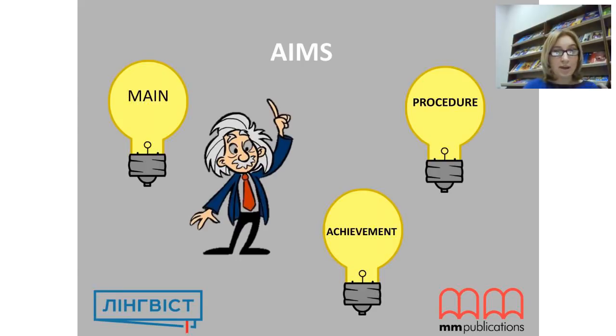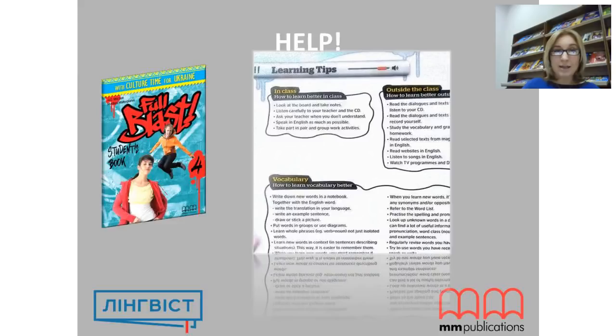And the procedure aims, so what skills I want to be covered by my student during this or that exercise. So the main aim covers the whole result of the lesson. Achievement aims can be evaluated by steps, by stages of the lesson, and procedure aims are things we focus on while doing this or that exercise. So those are also different things and we don't need to forget about them.